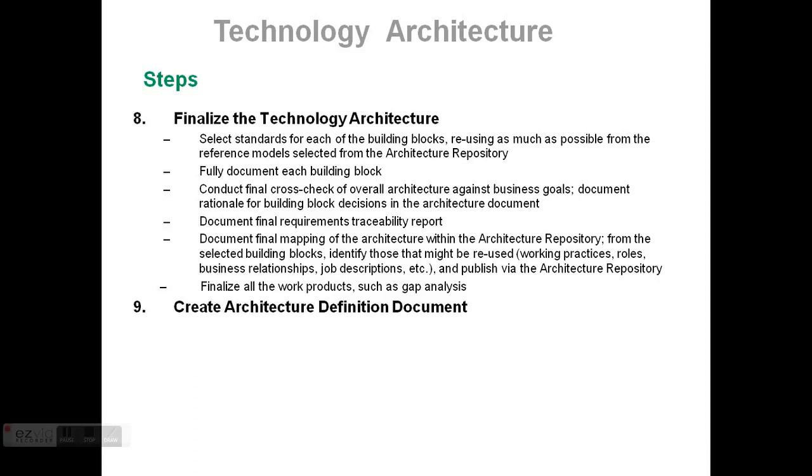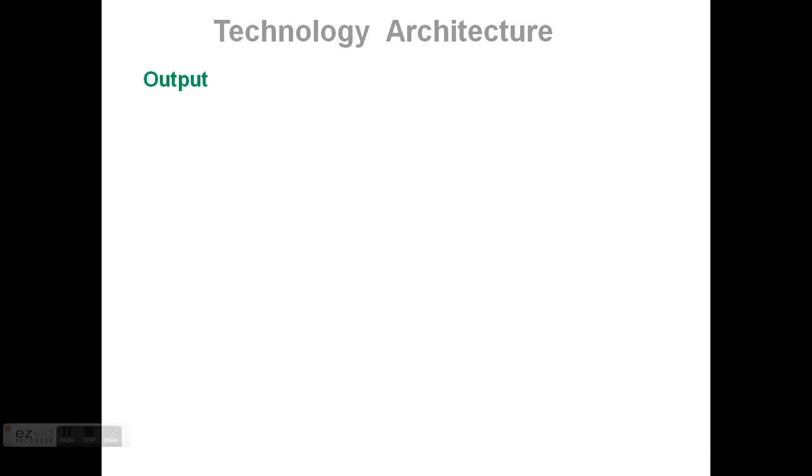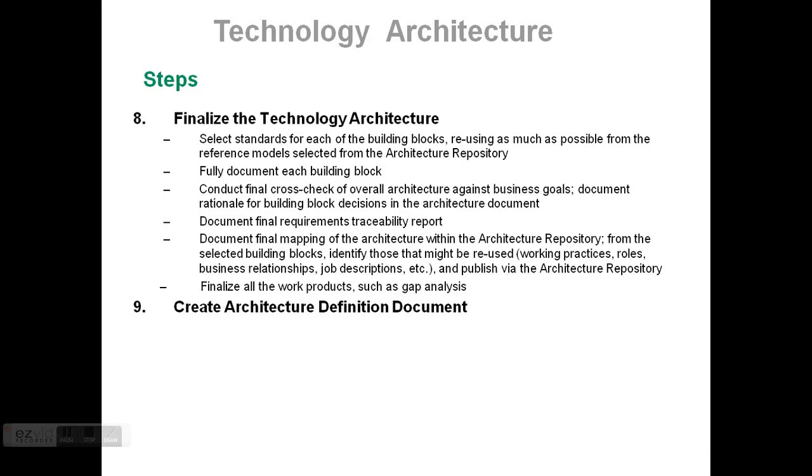This document documents the rationale for building block decisions, and it prepares the technology section of the architecture definition document, comprising some of the things such as finalizing fundamental functionality and attribute semantics, ambiguities, including security capability and manageability.